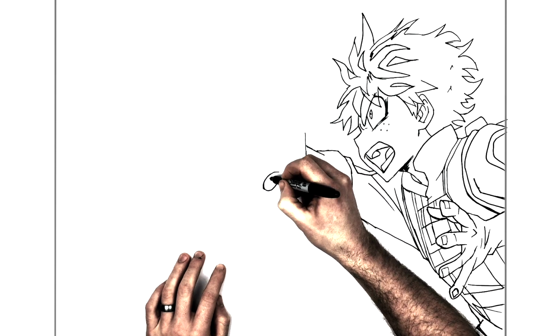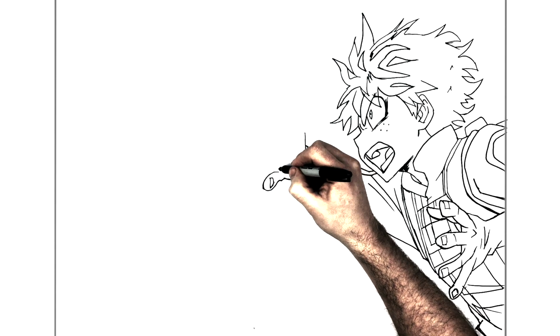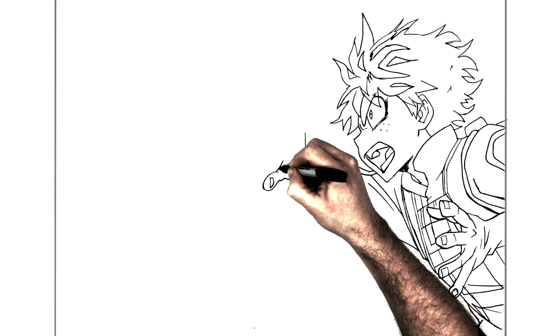And then he has a thumbnail just here. Then we have that piece of webbing that joins his thumb to his index finger, so we go that way.